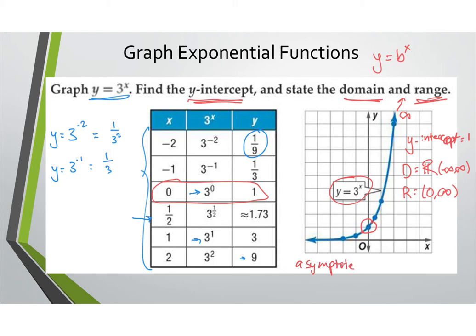Now what the asymptote is, is a spot on the graph where the function approaches but never actually crosses or touches.